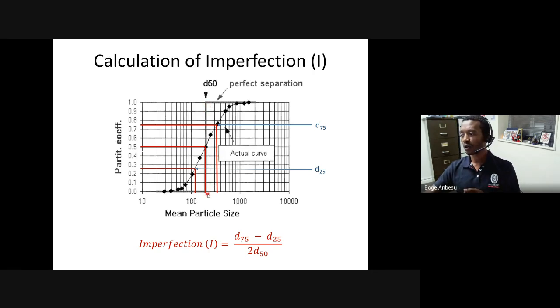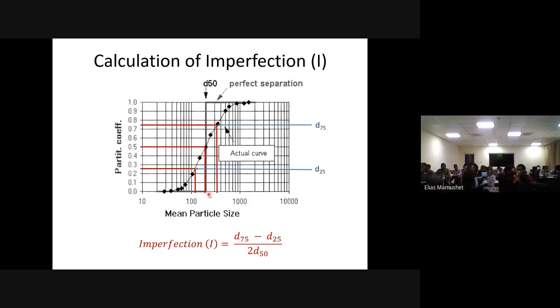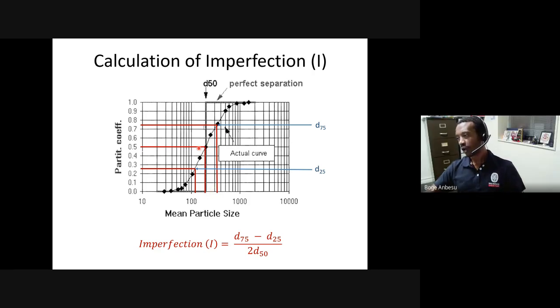In this example, D50 will be, I think, 200. So 200 is my screening size. Particles at 200 millimeters can go either way, so their partition is 50-50, that's 50% or 0.5 fraction. Particles that are coarser have a higher chance of going into the coarse fraction.